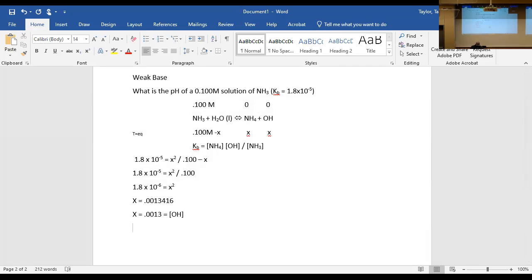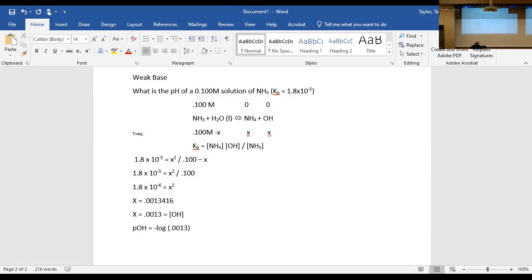So we take the negative log. I'll say pOH is equal to the negative log of 0.0013. Plug that into the calculator real quick. Okay, log negative.